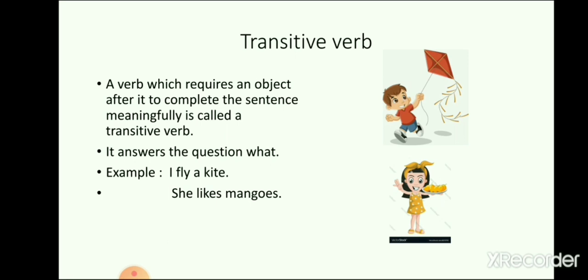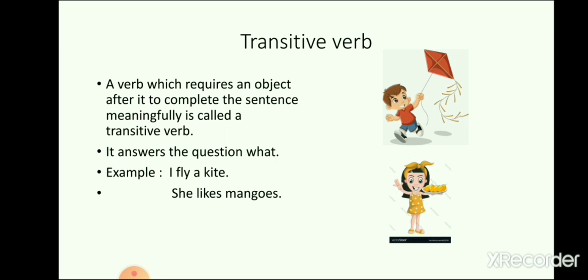So the verb fly in the sentence is a transitive verb, because without a kite, without an object, the sentence is not meaningful. I fly. Is it giving you any meaning? No. We need something to be added to that. So, I fly a kite. Now the sentence is meaningful.